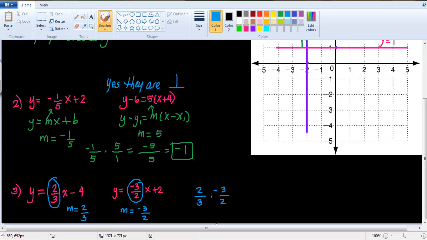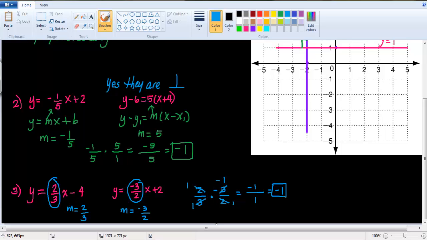Notice, since I'm multiplying, I can cross cancel 2 with 2 and get a 1 and a 1. And I can cross cancel 3 and 3, and I get a -1 here and a 1 here, because this was originally negative. And that will give you 1 times -1, -1, and 1 times 1, 1, and that equals -1. So since our product is -1, that means that these two lines are perpendicular.